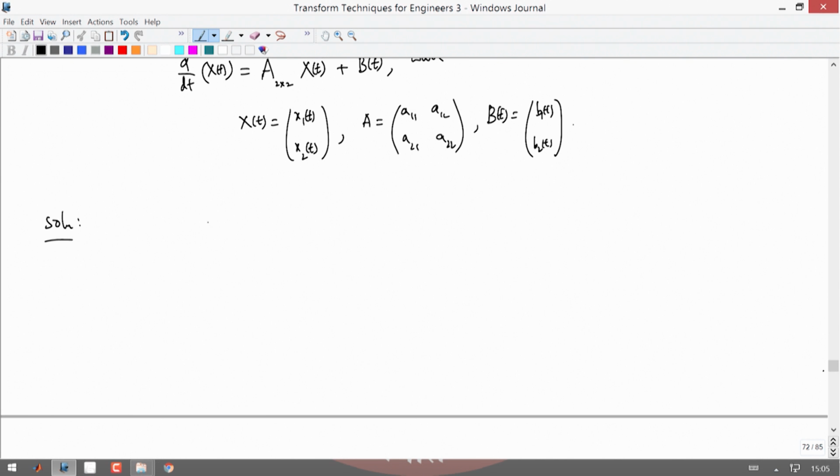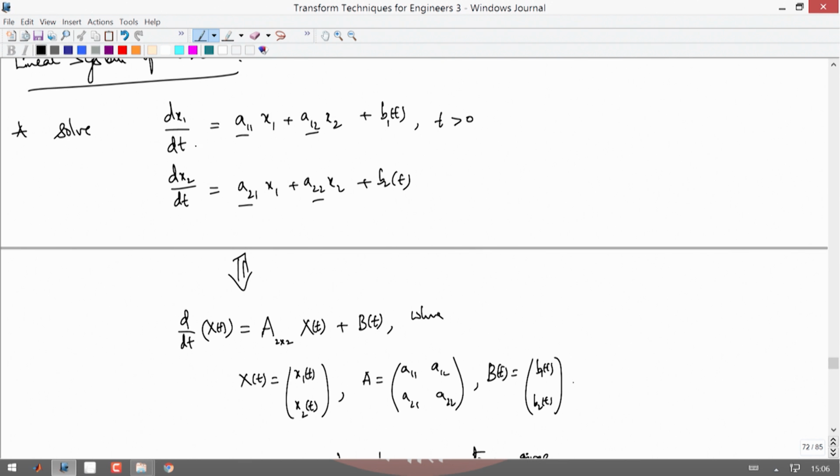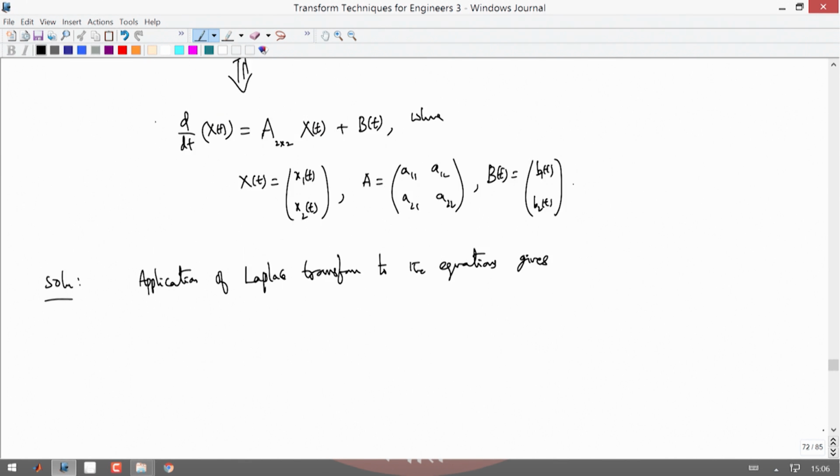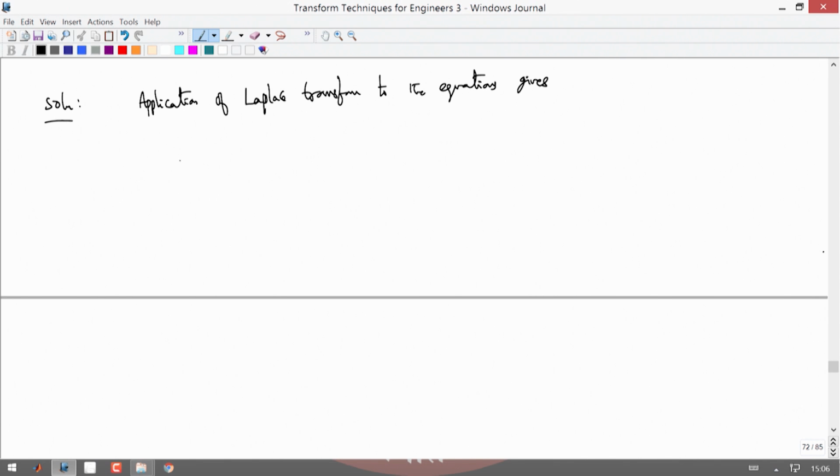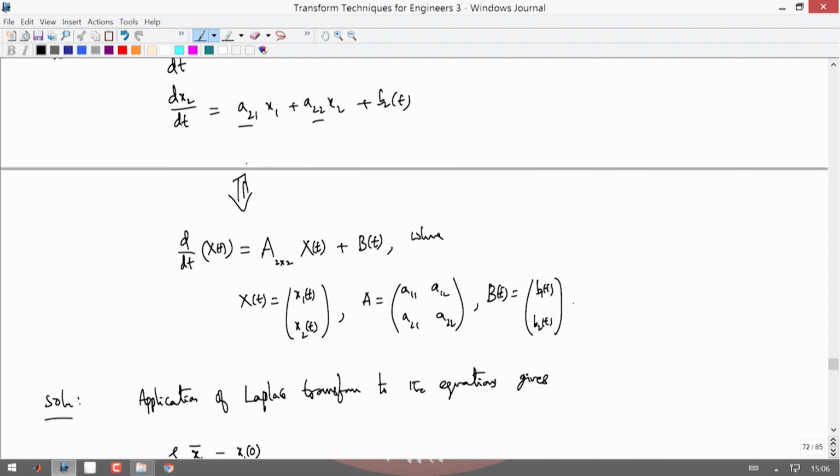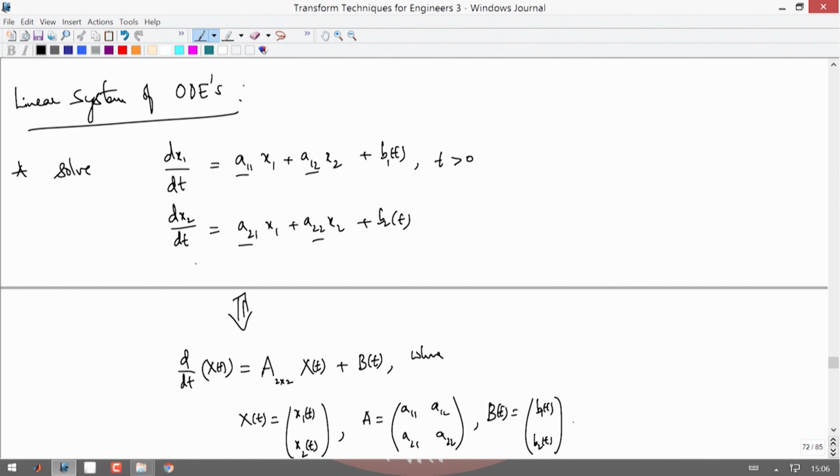Let us apply the Laplace transform to the equations. What does the application give? You apply the Laplace transform to these two equations. The transform of dx1/dt is s x1 bar minus x1 at 0. The initial value is not known, so this is a system where the initial values must be provided.